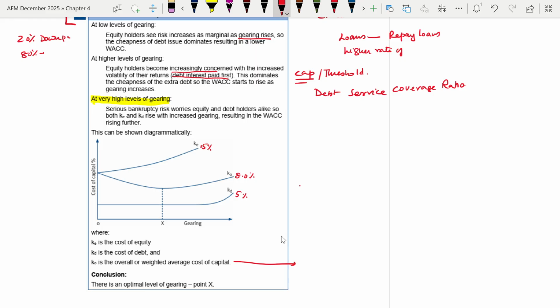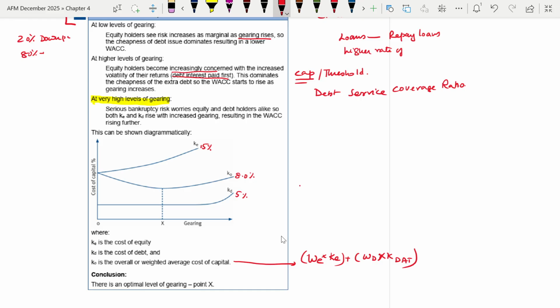I don't remember the formula. Weight of equity times cost of equity, plus weight of debt times cost of debt after tax. We go further, but this is the basic one: proportion of equity into cost of equity plus proportion of debt into cost of debt after tax.